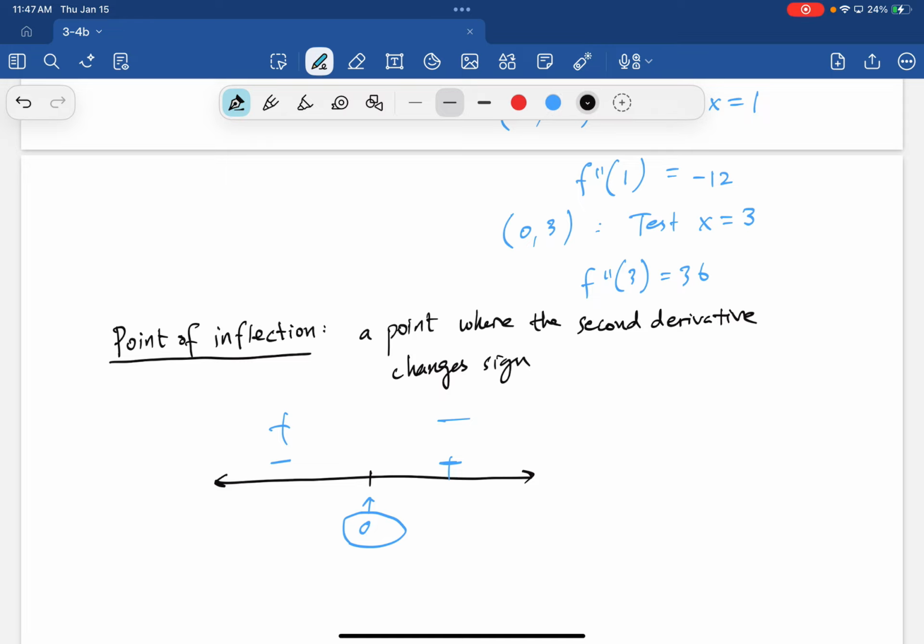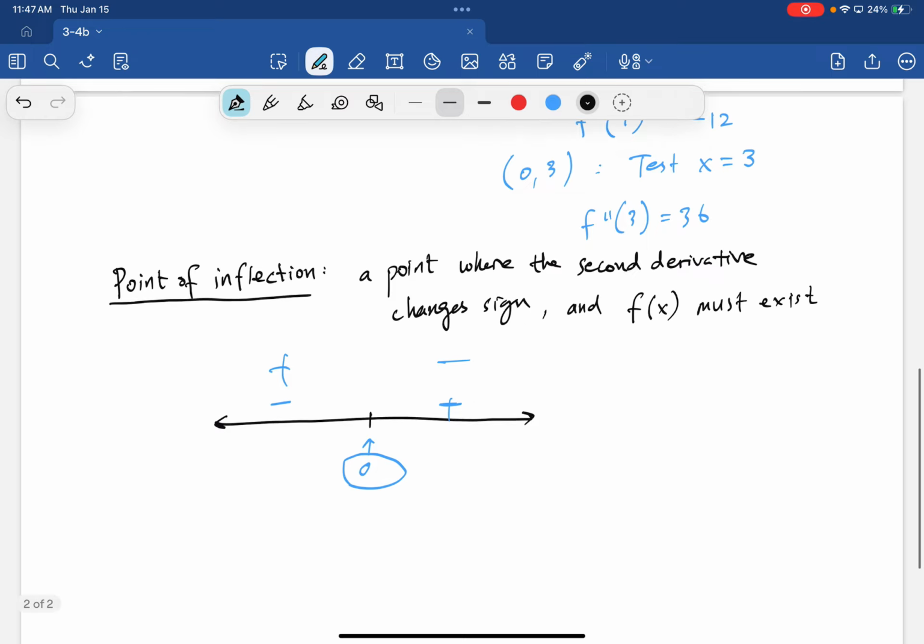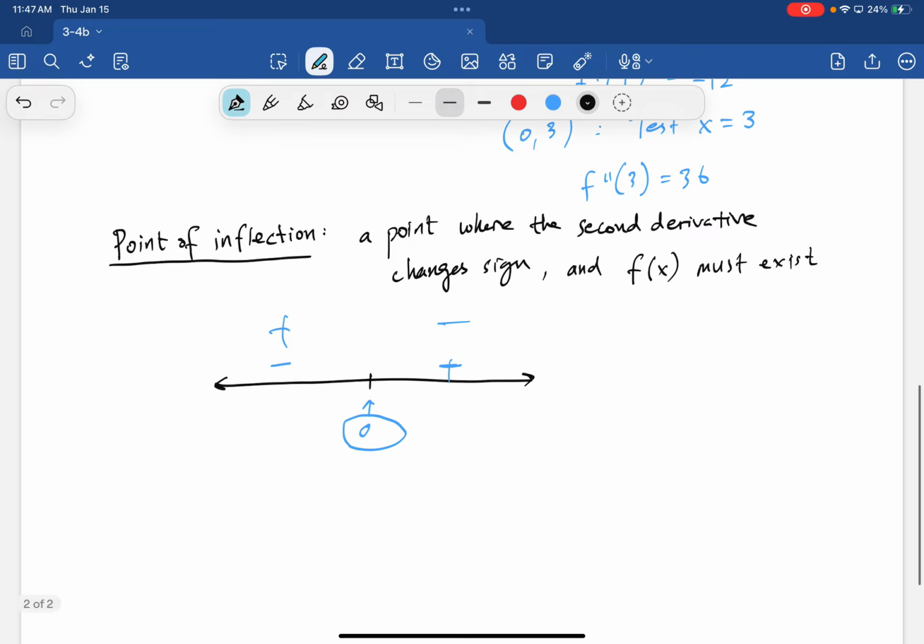Not only must it change sign, but the function also has to be defined at that point. f of x must exist. For example, if you had a graph that looked like this, technically the concavity does change at the vertical asymptote.